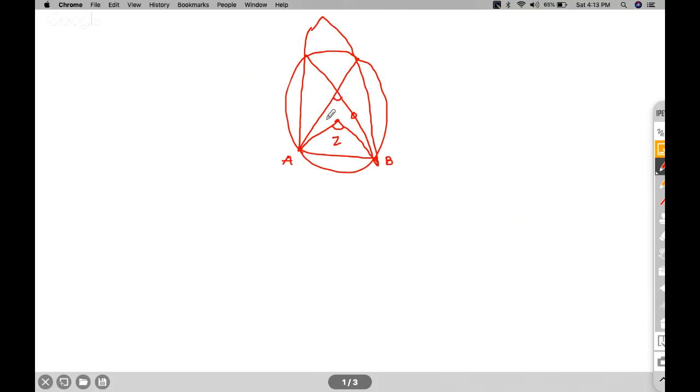So this angle I am assuming to be Y, and this angle I am assuming to be X. This is ACE, and this is point F. This is point D.